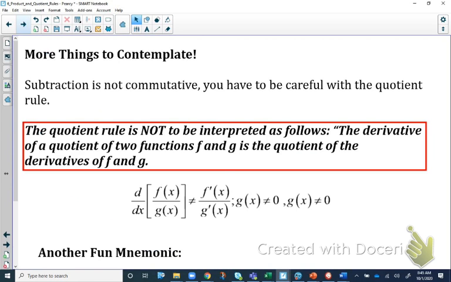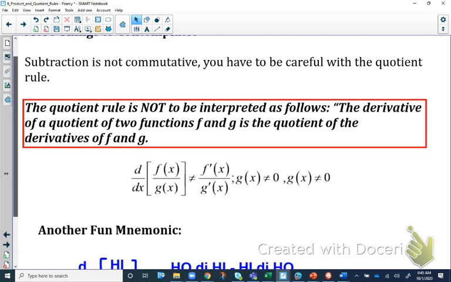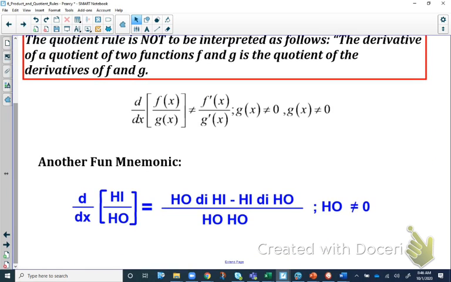Here, what they're telling you is that in this case the subtraction is not going to be commutative, so you do need to pay attention to the order that you do the numerator: low D high minus high D low. Here they're giving you another mnemonic which I've personally never used. They have the high part still as being the high part, but they're calling the low part ho, like hi ho, it's off to work I go.